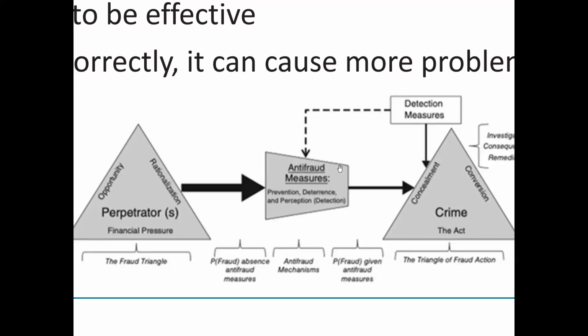But in between these, we have these anti-fraud measures. So what stops someone from having the opportunity, the pressure, and the rationalization to actually go and commit the crime? It's the idea that we have that fear of getting caught or the fear of being punished that we have in between that fraud triangle and the fraud action triangle.